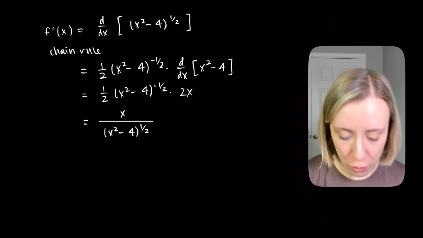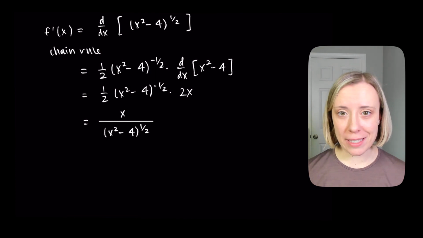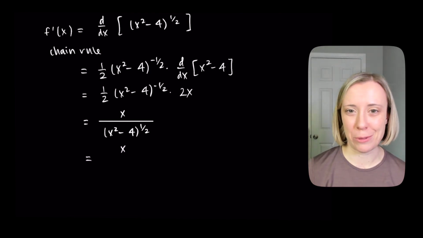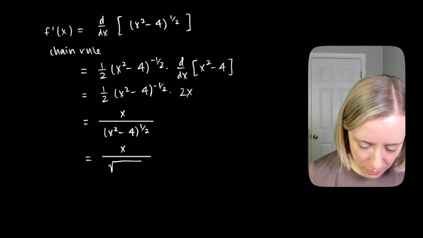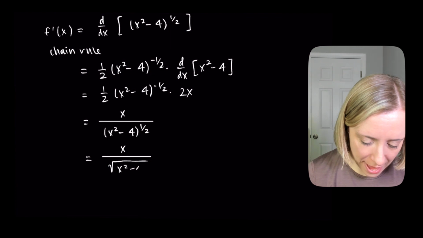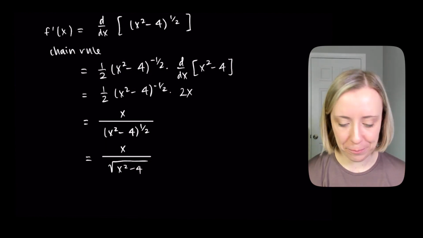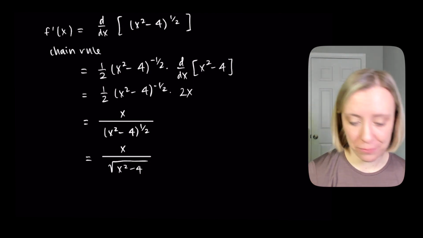So I have x over x squared minus 4 to the 1/2 power. Now we can rewrite that 1/2 power back as a radical, which I think will help us see what's going on a little better. So I have x over the square root of x squared minus 4, and this is my derivative. So we found the derivative. Now let's set it equal to 0.